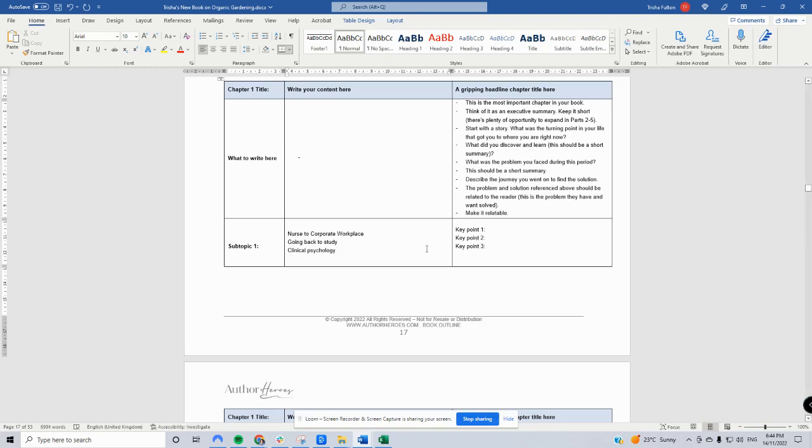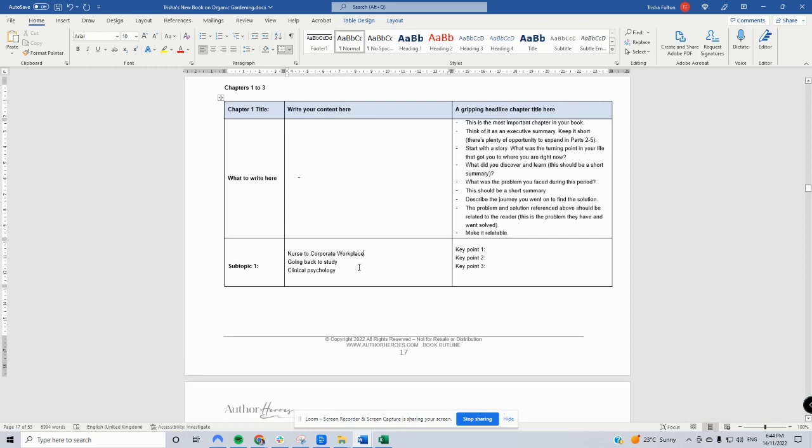So when we talk about key points 1, 2, and 3, I would just put a couple of prompts here, and then I would take the iPhone and I would record those prompts, and I would say, this is chapter 1, and I'm talking about becoming a nurse and then going to get a job in a corporate workplace. And then I would continue. The next section is going back to study clinical psychology.